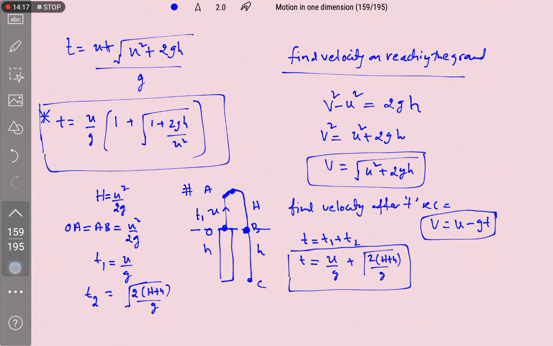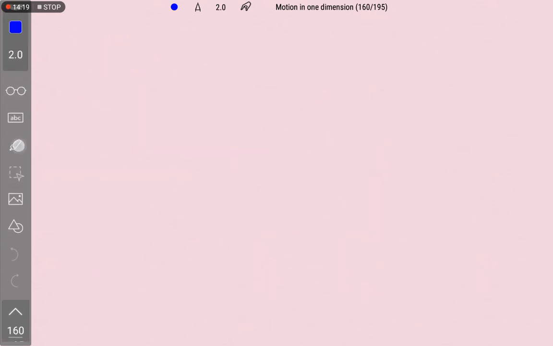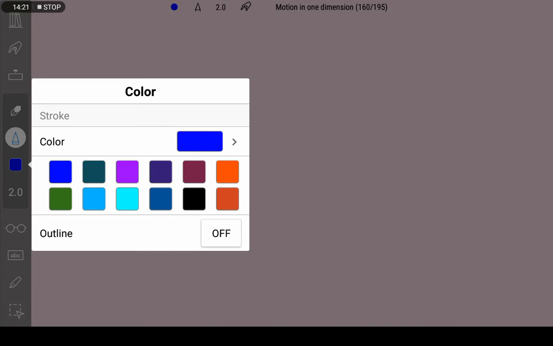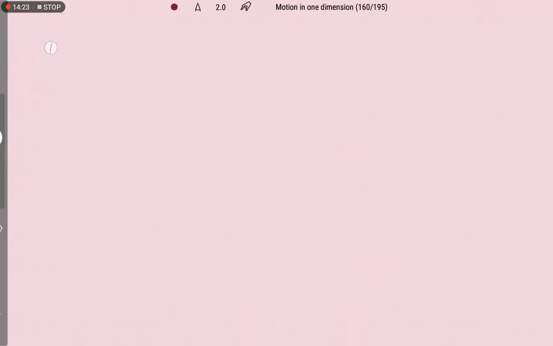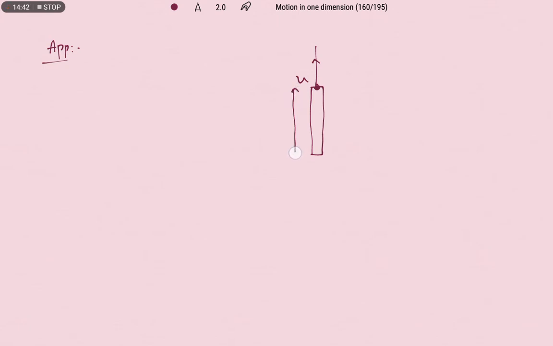Right, now let us discuss one more application here. Let us take 3 objects. A is projected vertically upwards with an initial velocity u from the top of a tower of height h.